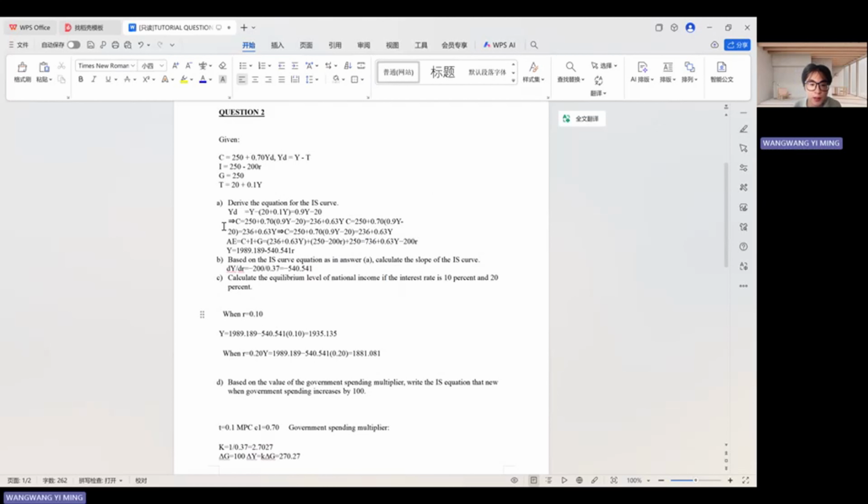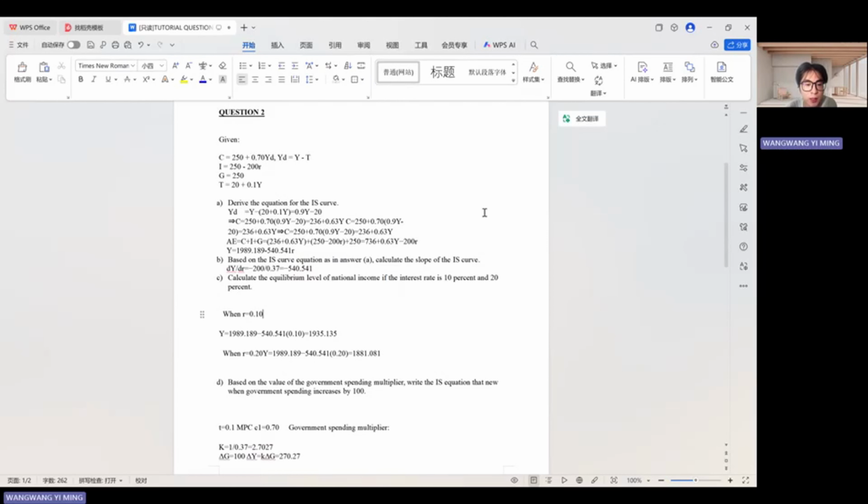And AE equals C plus I plus G. We can get AE equals 736 plus 0.63Y minus 200R.